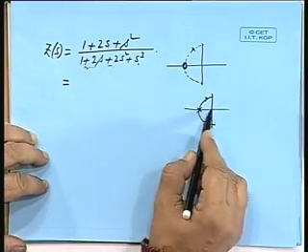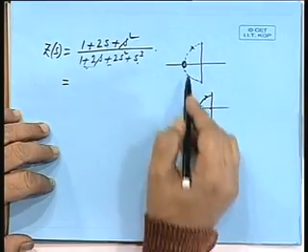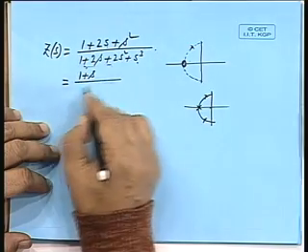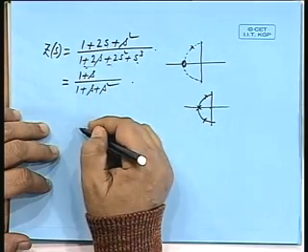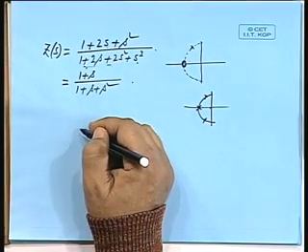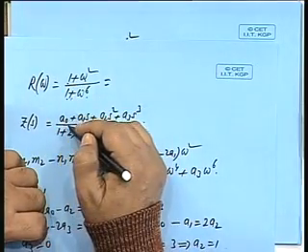Is it not? So s plus 1 into s square plus s plus 1, and then pole zero cancellation. Basically it is 1 plus s by 1 plus s plus s squared. Will you get this? 1 plus omega square by, basically 1 plus omega square is a factor here, no?